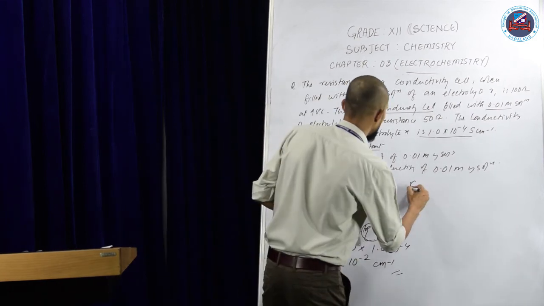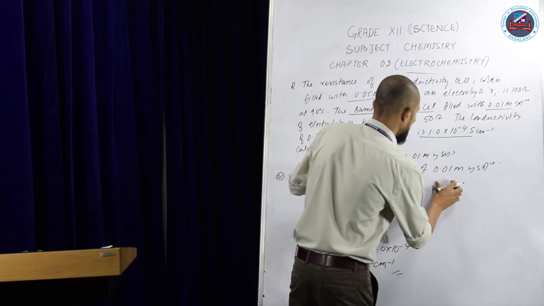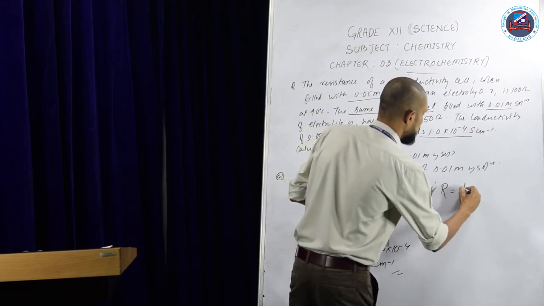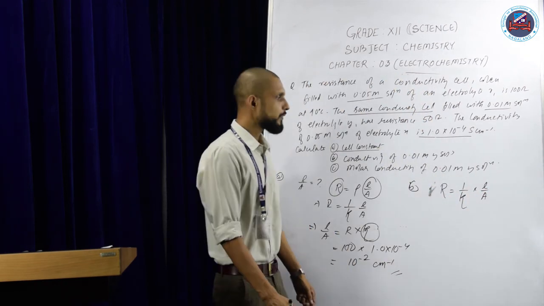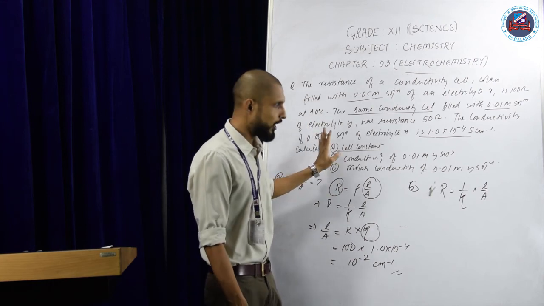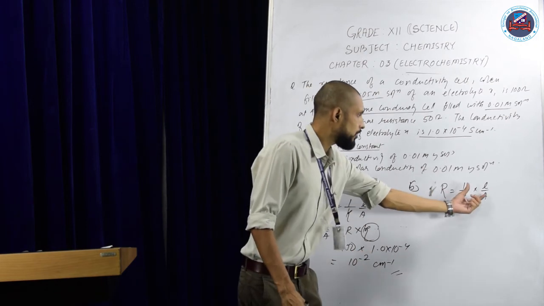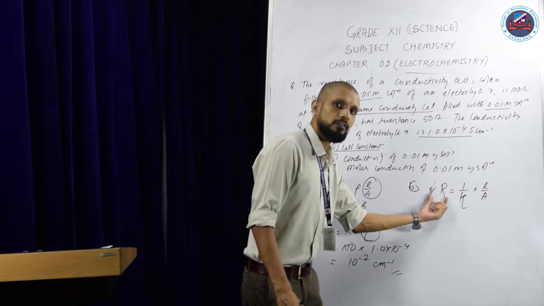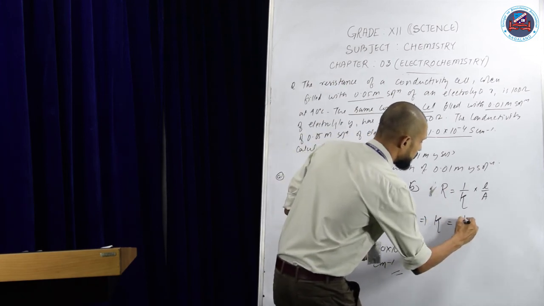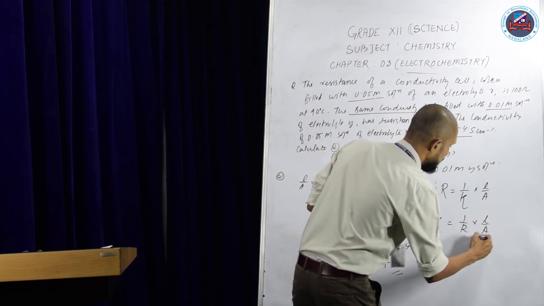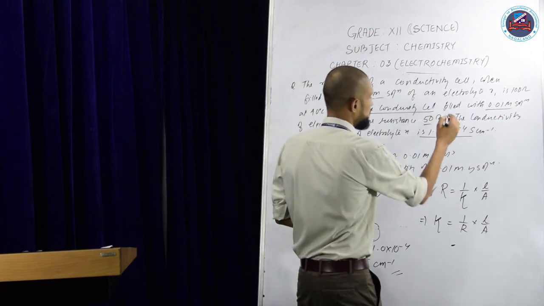Next, we have to find the conductivity, that is kappa. So we use the same formula, R equal to 1 by kappa multiplied by L by A, cell constant. Since we are using the same cell, the cell constant will be the same. So we'll use the same L by A value here. We'll put the value of resistance and find the conductivity. So conductivity is equal to 1 by R multiplied by L by A. The resistance is 50 ohm.